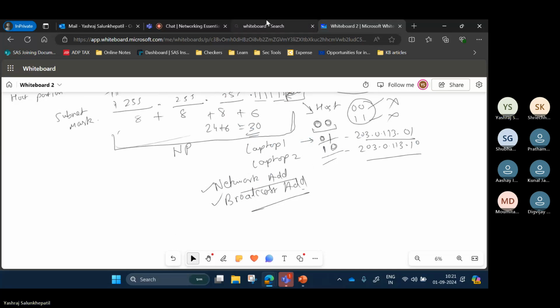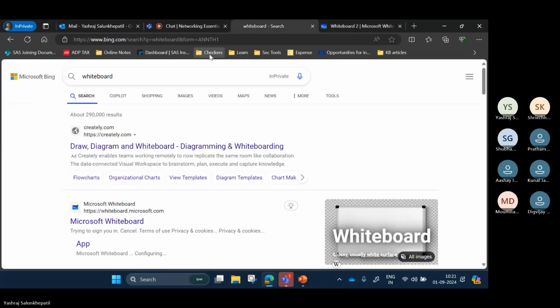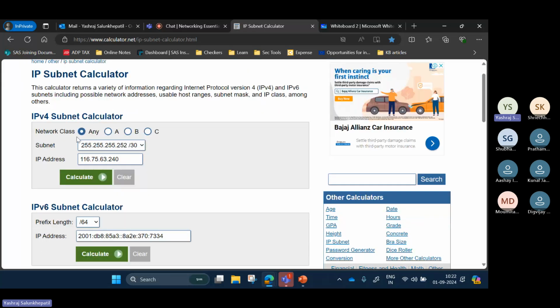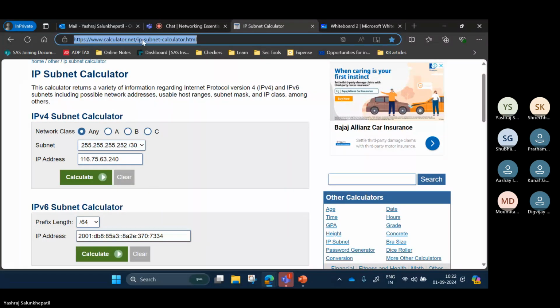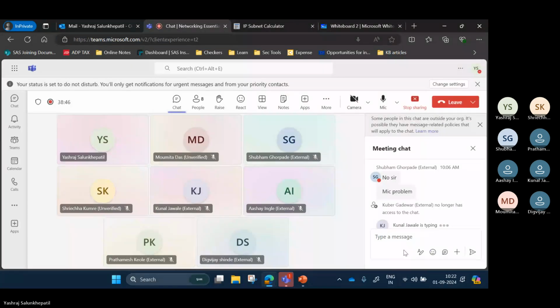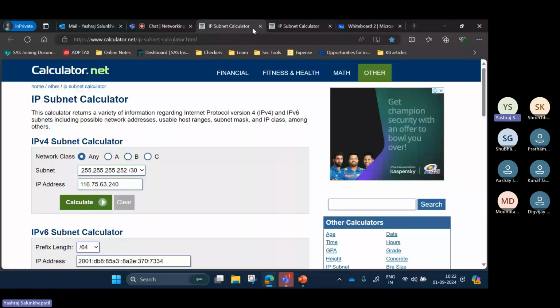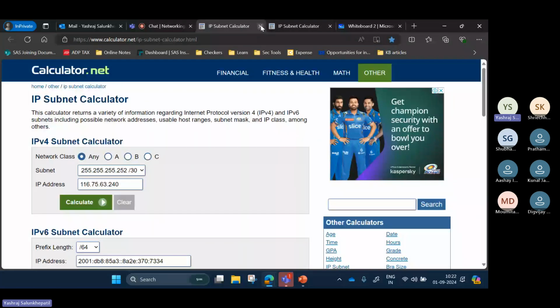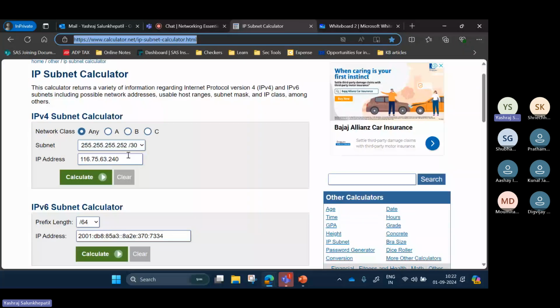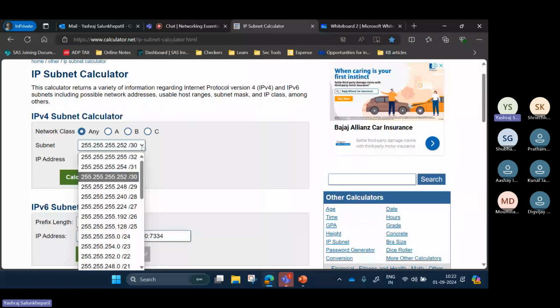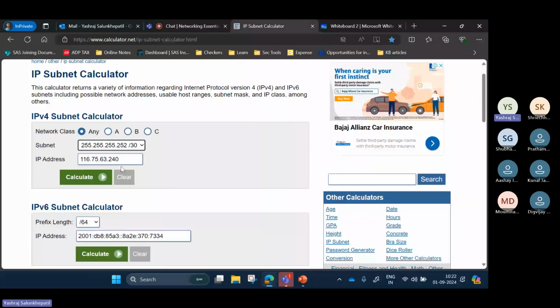एक सेकंड. ठीक है. ये हमारा कैलकुलेटर है. ठीक है. इसे मैं करती हूँ. See, अब इसमें हम डालते हैं हमारा /30. ठीक है. सबनेट जो था /30 and we'll put our IP address.